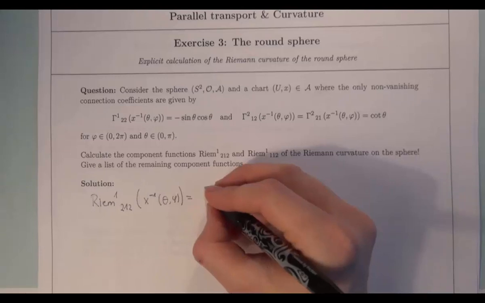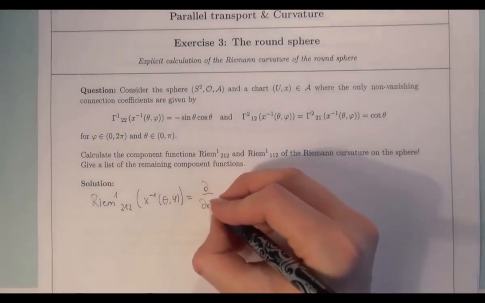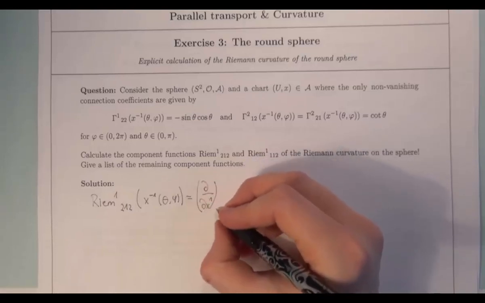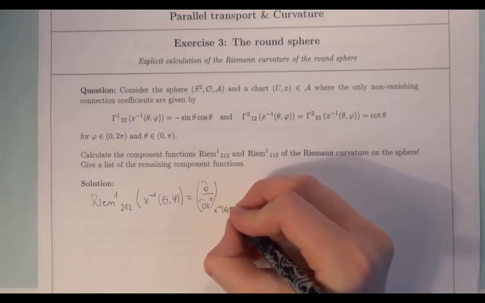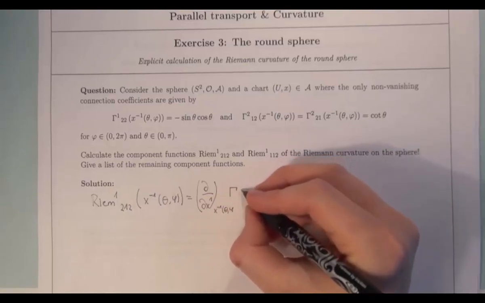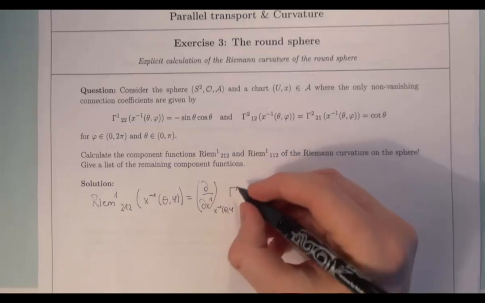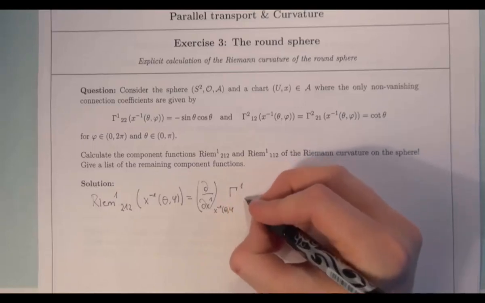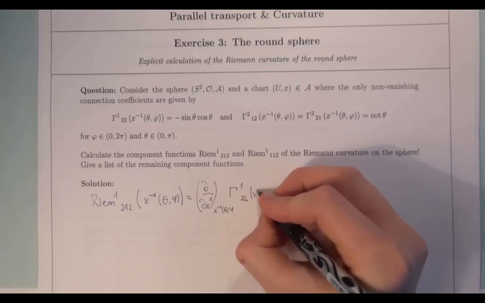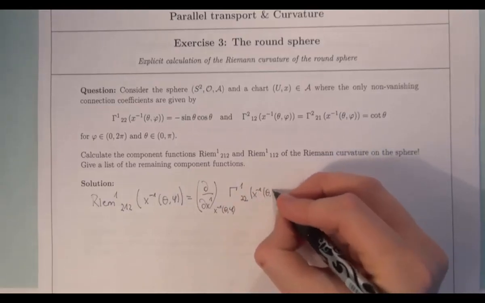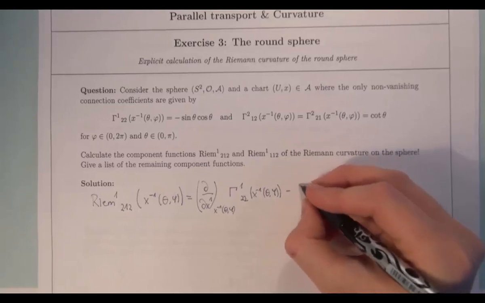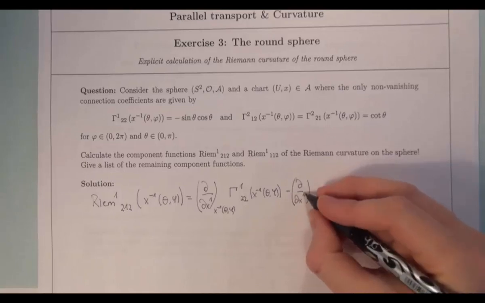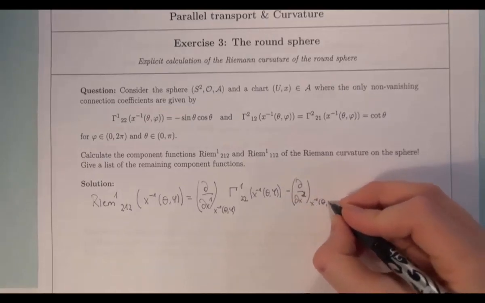So this is del by del x1 living on x inverse of theta phi, and this acts on gamma 1, 2, 2. That also gets evaluated on x inverse of theta and phi. We get minus del del x2, of course.